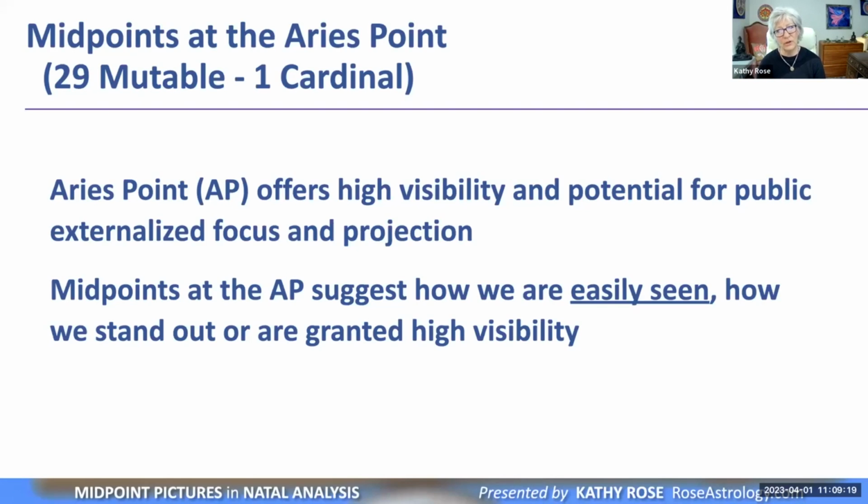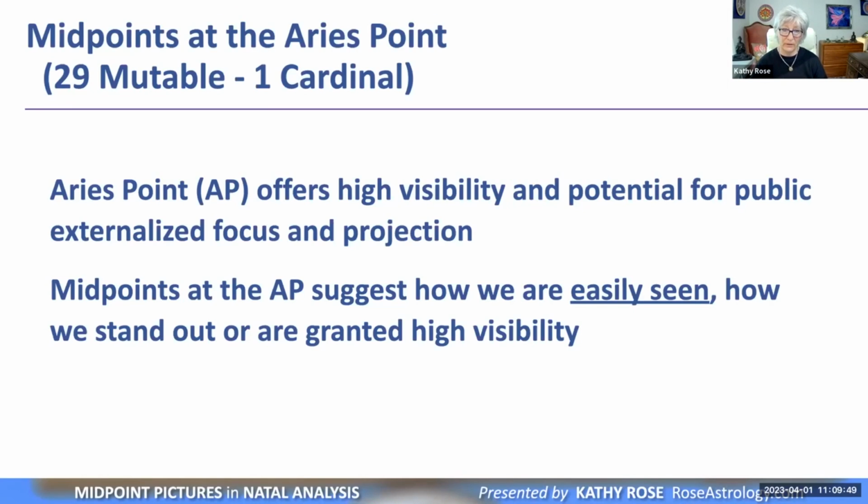And it really starts in activation at 29 mutable, goes through 1 cardinal, offers high visibility and potential for public externalized focus. Okay. If you find a midpoint, and that would be on the midpoint sort at 89, because that's 29 mutable, or 0 or 1, so that'd be 0 cardinal, 1 cardinal, pay attention to them. They tell you something.